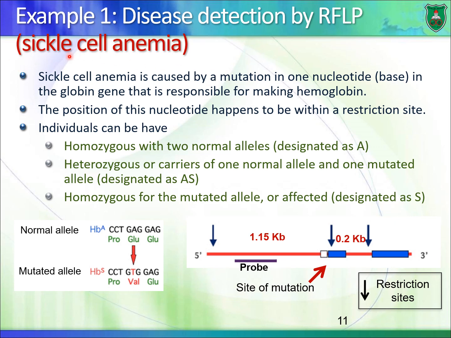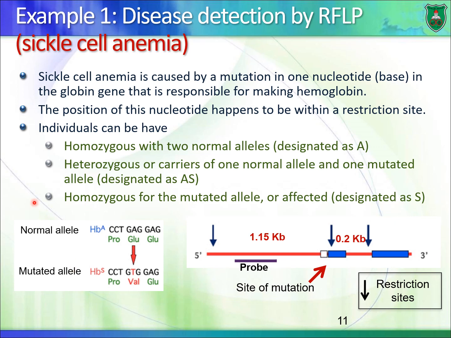Detecting a disease known as sickle cell anemia. So sickle cell anemia is basically caused by a mutation in a single base. So instead of having GAG, rather the person would have GTG. Now that causes sickle cell anemia, a disease that we will talk about a bit in the biochemistry course.